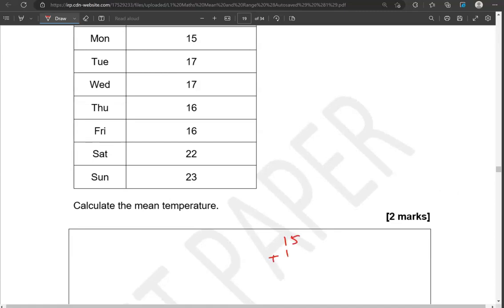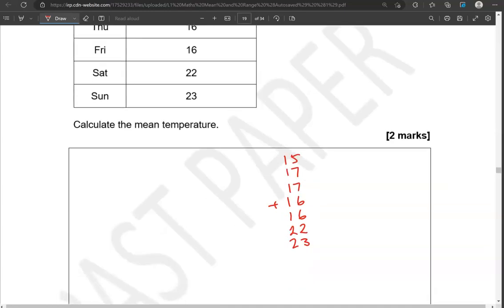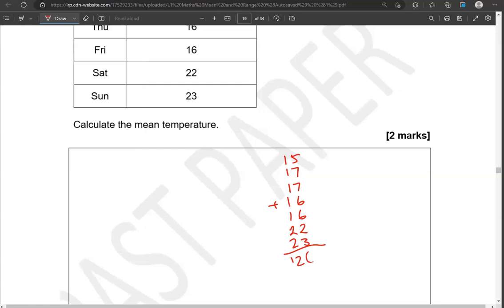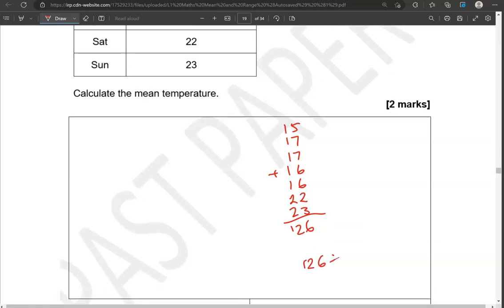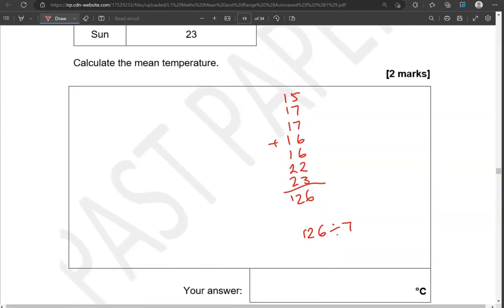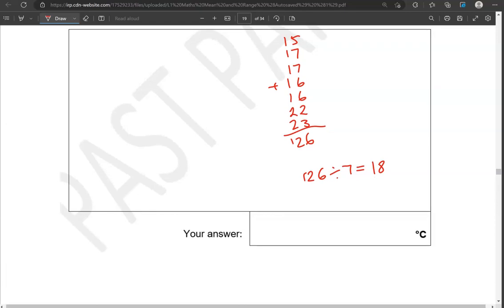So 15, add 17, add 17, add 16, add 16, add 22, add 23, this is 126, so 126 divided by 7, because we've got 7 days, so that is 18 degrees Celsius.